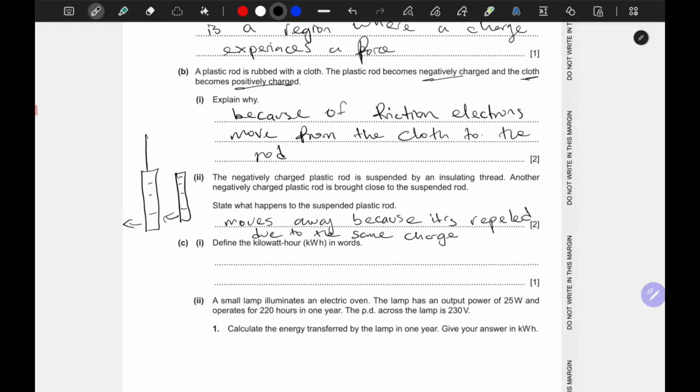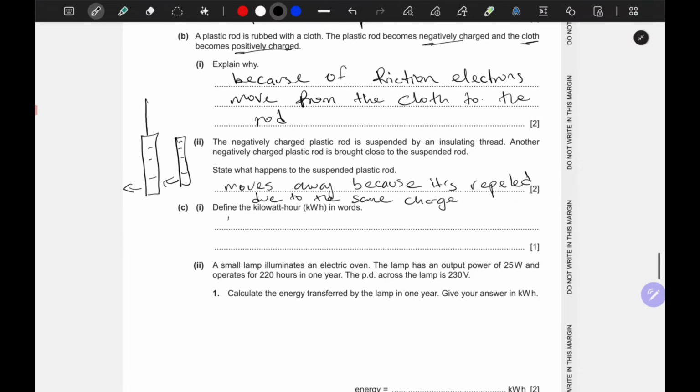Part C, define the kilowatt hour in words. So kilowatt hour, it's in the name.